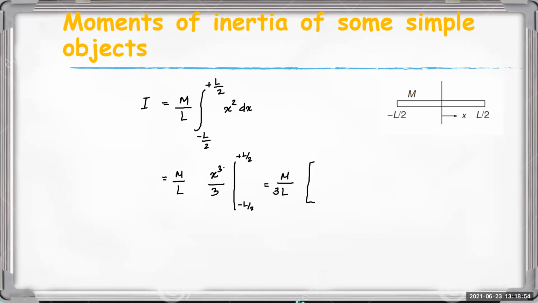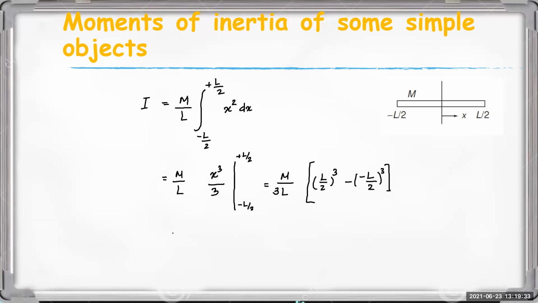Then only x cube in the bracket: L by 2 whole cube minus minus L by 2 whole cube.